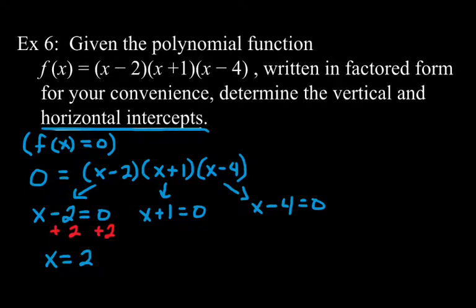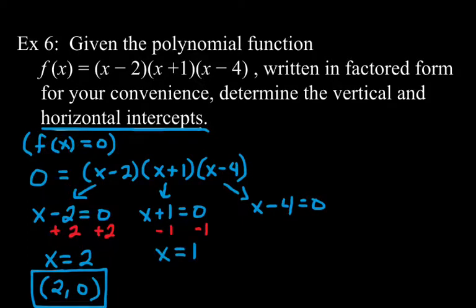and we're looking for intercepts, so 2 comma 0 is going to be one of them. The next one, we're going to subtract 1. So we get x equals 1, and that means that our intercept is going to be 1 comma 0. Oh wait, sorry, that's not right. Back up.